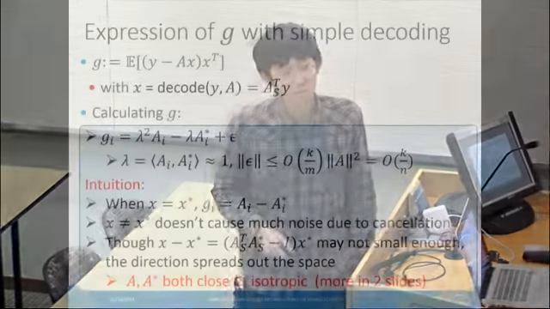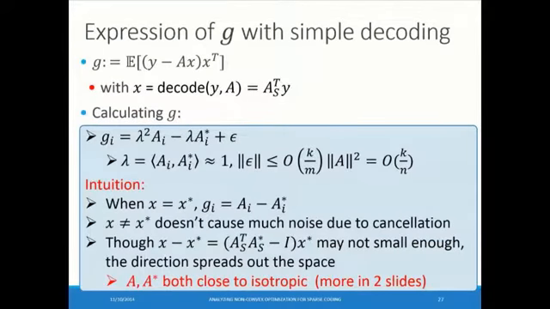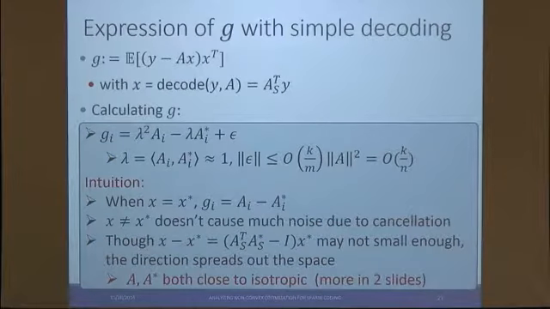This cancellation is really important. We are saying that for individual x, x minus x star might be very large, but it points to different directions for different x. So you have this cancellation phenomenon, so that the error is not that much.